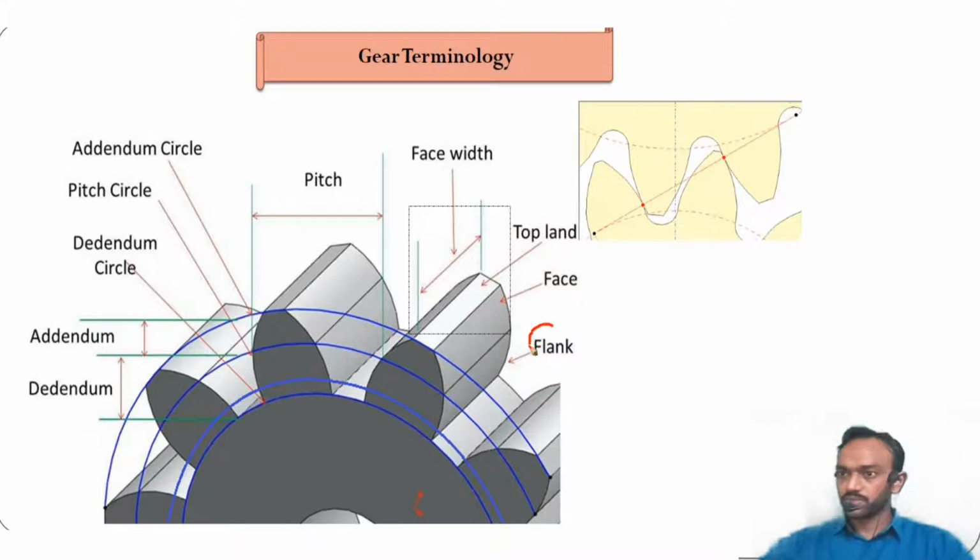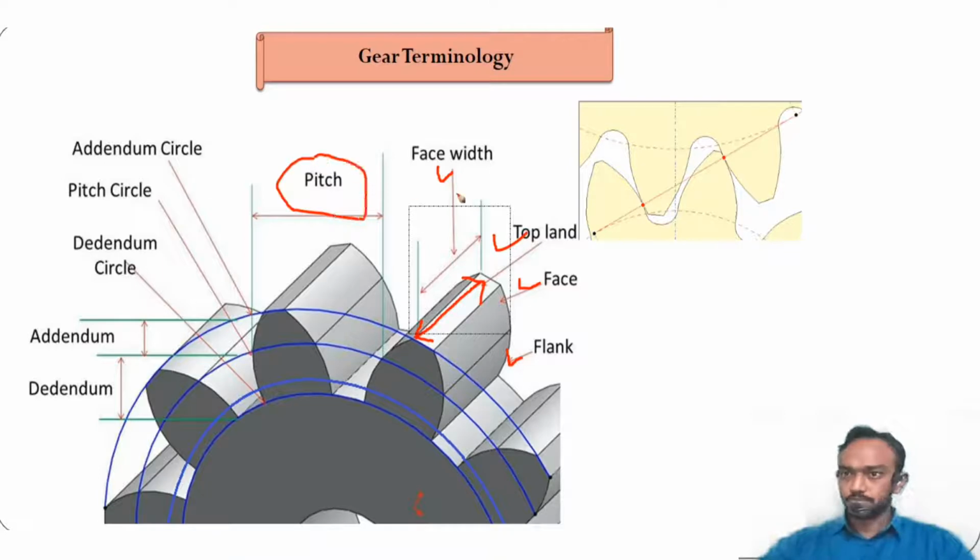And flank means the surface below the pitch circle, all the way up to this surface, is known as the flank. So top land, face, and flank. Face width means the width of the gear. This width of the gear is known as the face width.